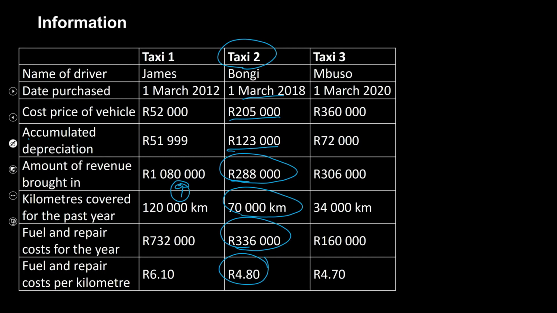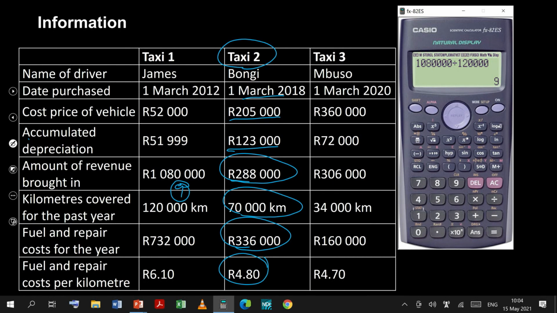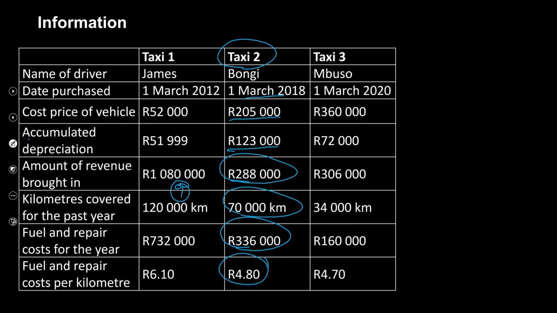In taxi 2, we now have revenue of 288,000 divided by the number of kilometers covered, which was 70,000. And this gave me a revenue per kilometer of 4 Rand and 11 cents, okay? Let's put this figure here, 4 Rand and 11 cents. Okay, that's taxi 2. While we're at it, let's do taxi 3.